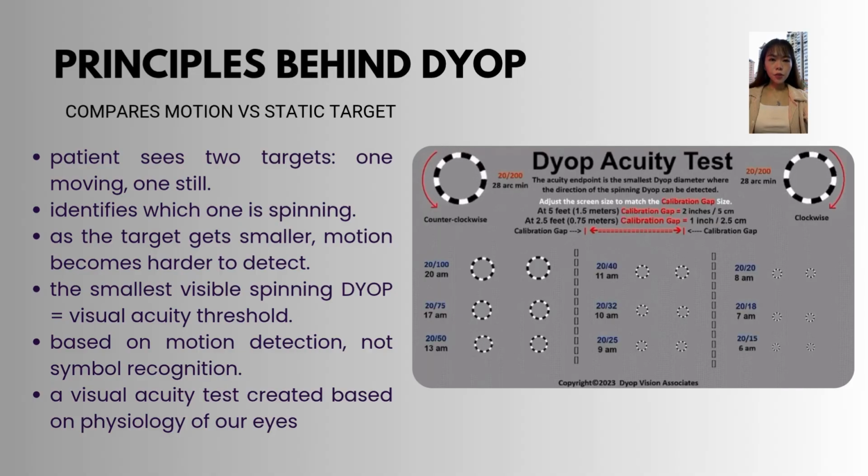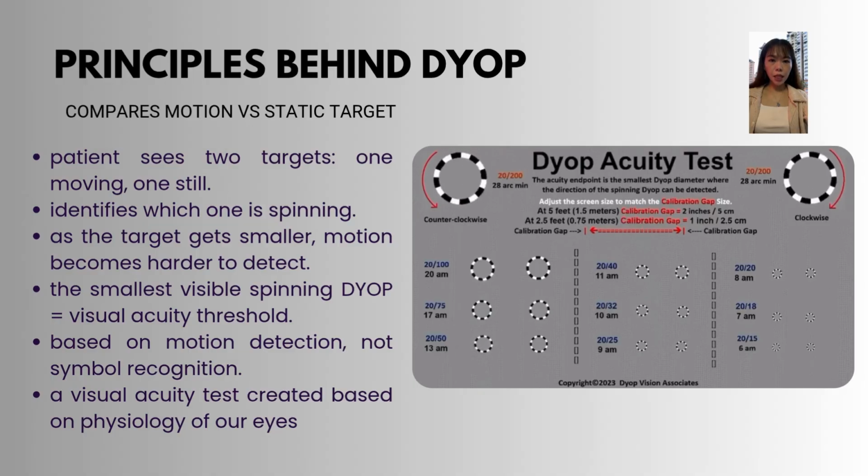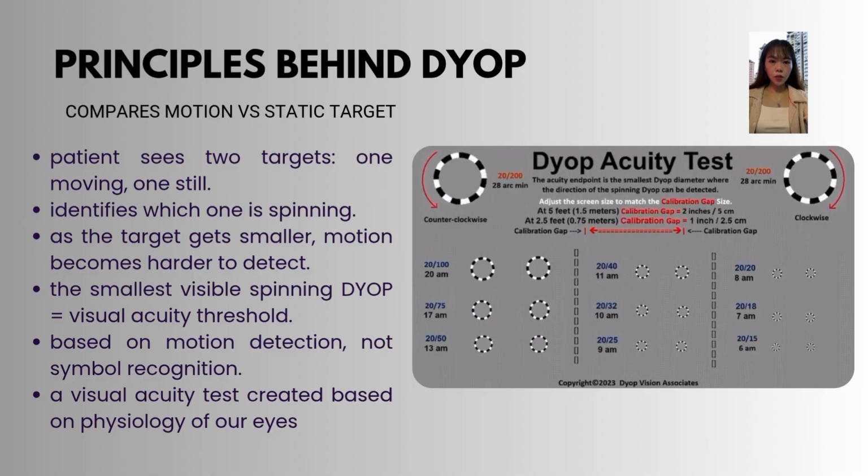The principle of Dyop testing is based on movement detection rather than symbol recognition. The patient is shown two targets on a digital screen. One is static and the other one is a segmental ring that's spinning. The task is to identify which target is moving. As the size of the rotating target gets smaller, the movement becomes harder to detect. The smallest spinning Dyop that the patient can still recognize represents their visual acuity threshold.